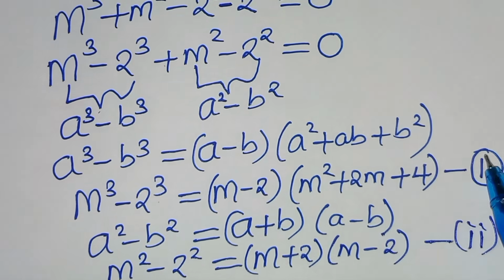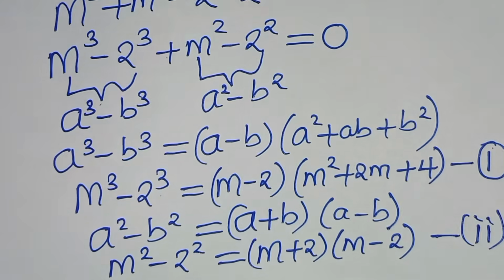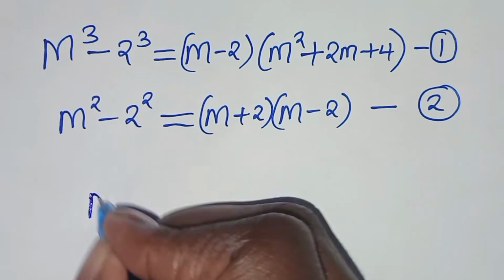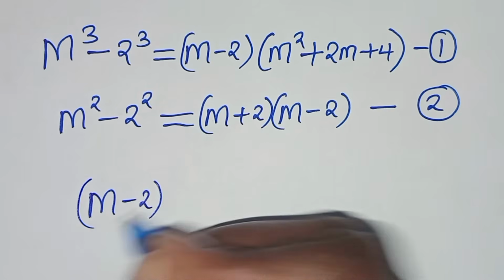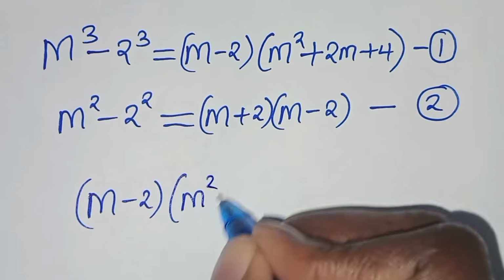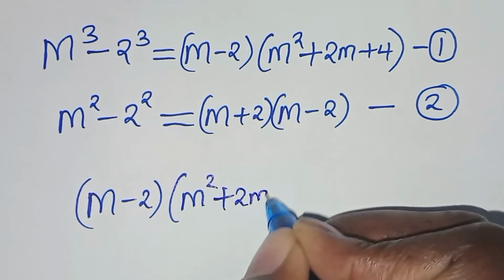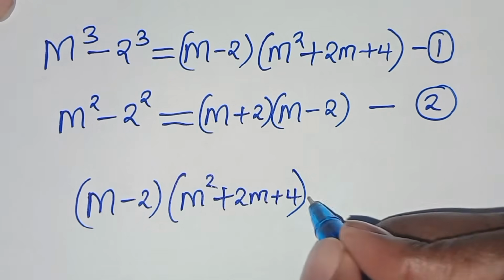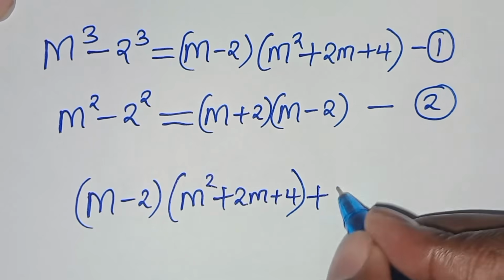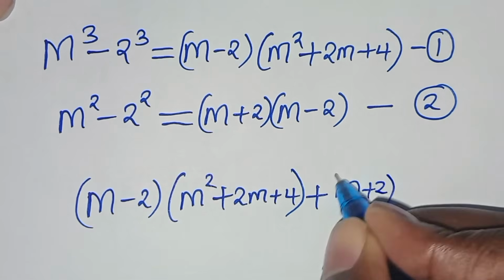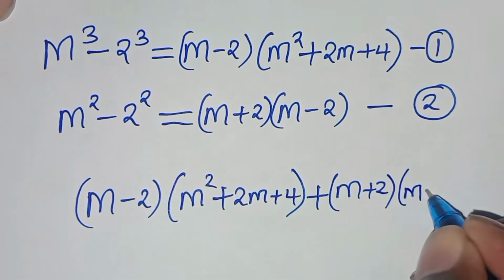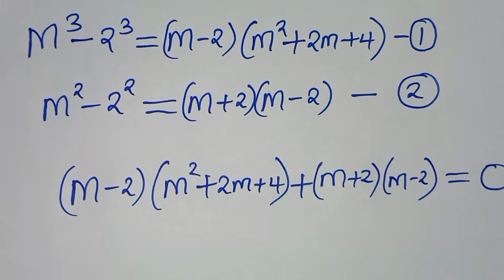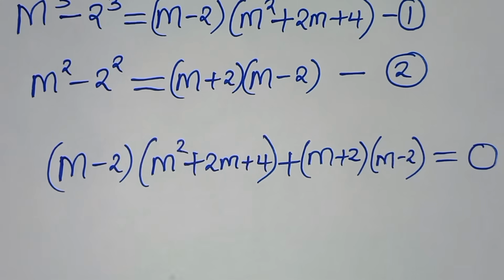So let's combine equation 1 and 2 from here. Now combining equation 1 and 2, here we have m minus 2, then m squared plus 2m plus 4, then we have plus equation 2, which is m plus 2, m minus 2. This is equal to 0. In this case, we have that m minus 2.